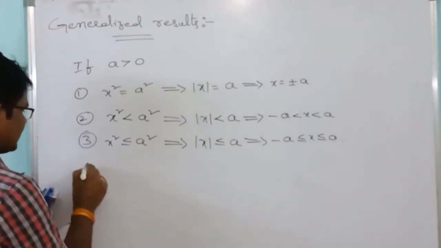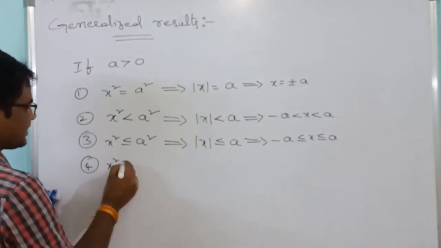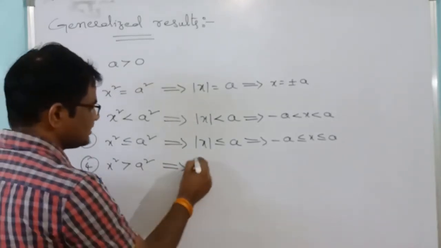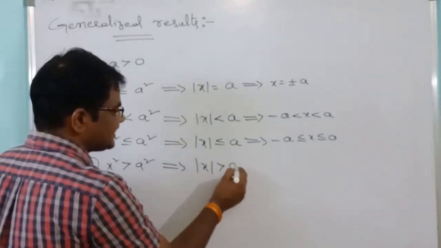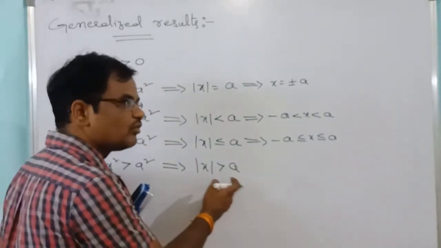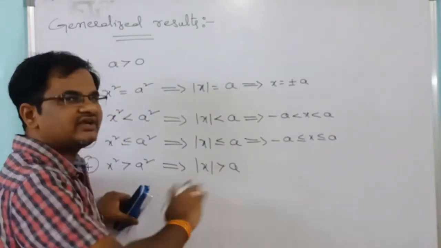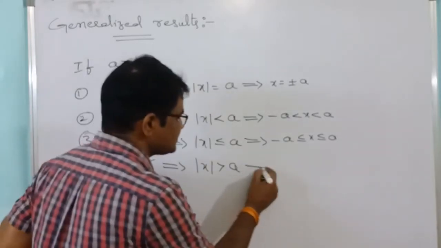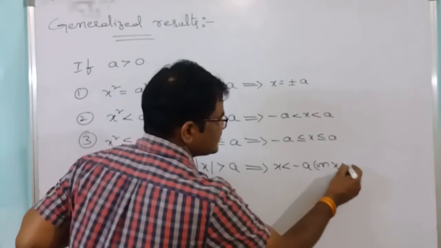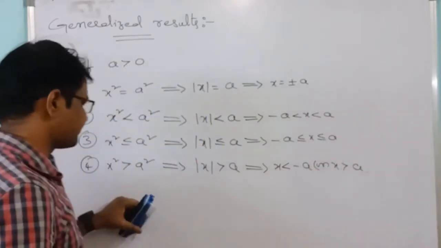This can be written as minus a less than or equal to x less than or equal to a. Right. Next, x square greater than a square is there. That implies mod x greater than a, meaning distance covered is more than a units on the left and right side of the origin. Means x less than minus a or x greater than plus a.